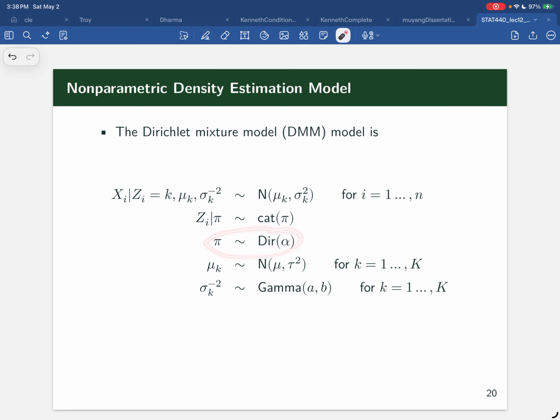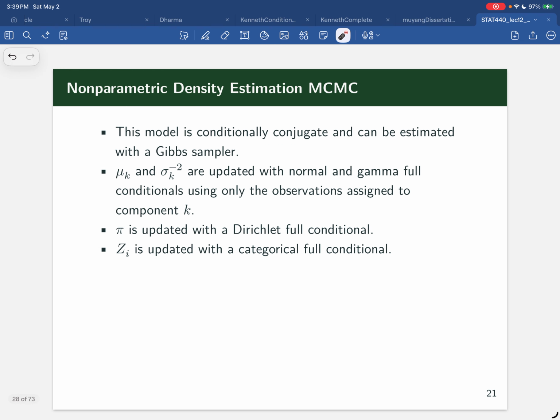The pi's are Dirichlet with hyperparameters alpha. And so these are our priors on our normal distribution up here, and we can draw from this model using a Gibbs sampler. So that's exactly what this slide says. Everything is conditionally conjugate. You can get there through a Gibbs sampler. It is pretty complicated, as you'll see in the slides to come, but this is just Gibbs.